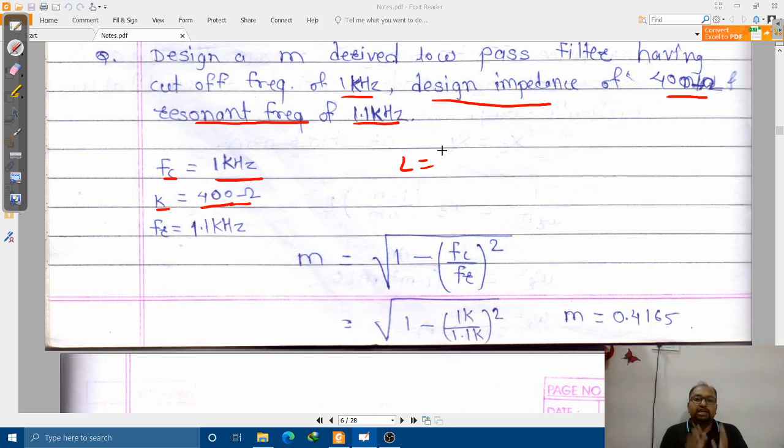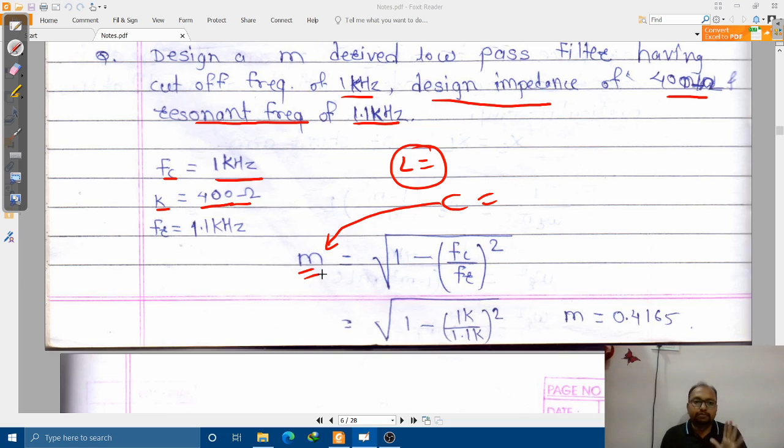The only change is its modification factor, which we are going to compute, and with respect to that we are going to compute the values of the series and shunt arm impedances. Are you getting it? So the series and shunt arm inductor and capacitor values will get modified because of this modification factor.